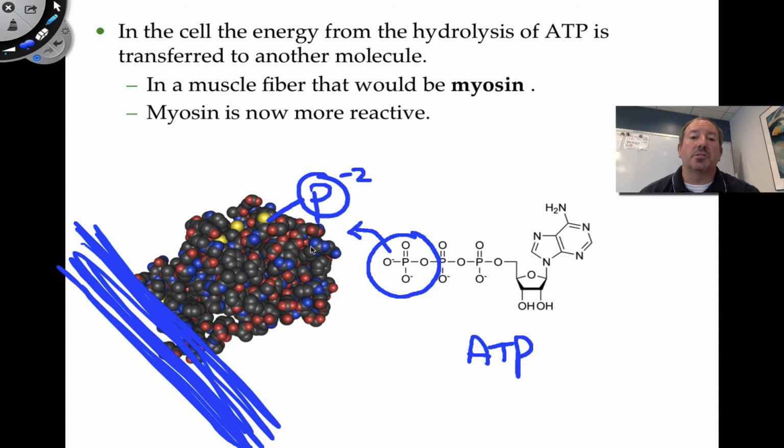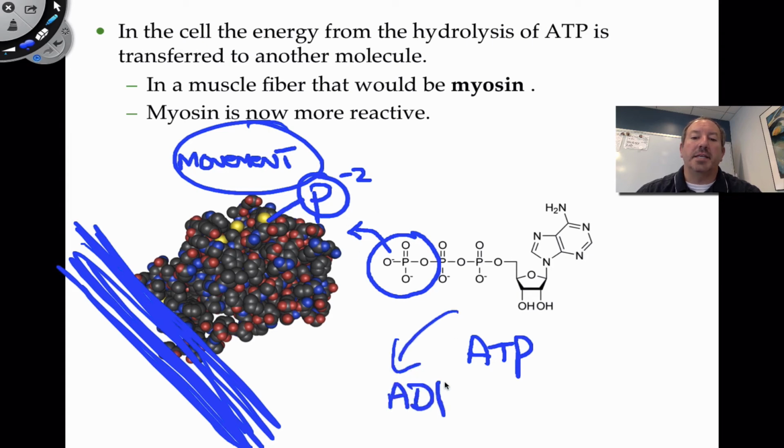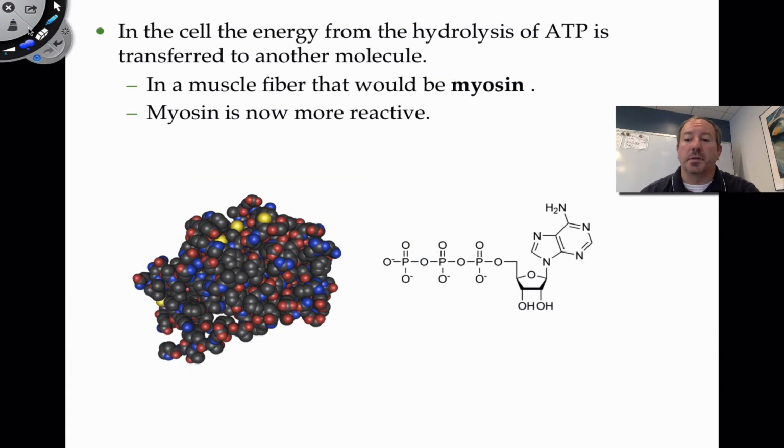And when something's negatively charged and it interacts with a protein, it's going to cause a conformational change to occur, which ultimately means that it's going to change shape, it's going to move. And so when it moves, this is what we mean by being able to do something. So the myosin's going to move, and as a result of ATP donating one of its phosphates, it becomes ADP. Okay, so when water splits a phosphate off, we call this hydrolysis. That's kind of a generic term, meaning the splitting of a molecule with water.